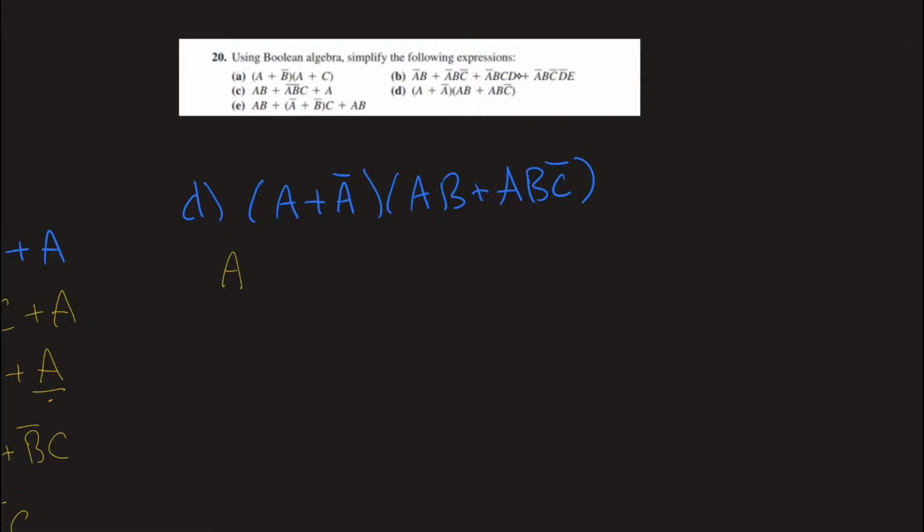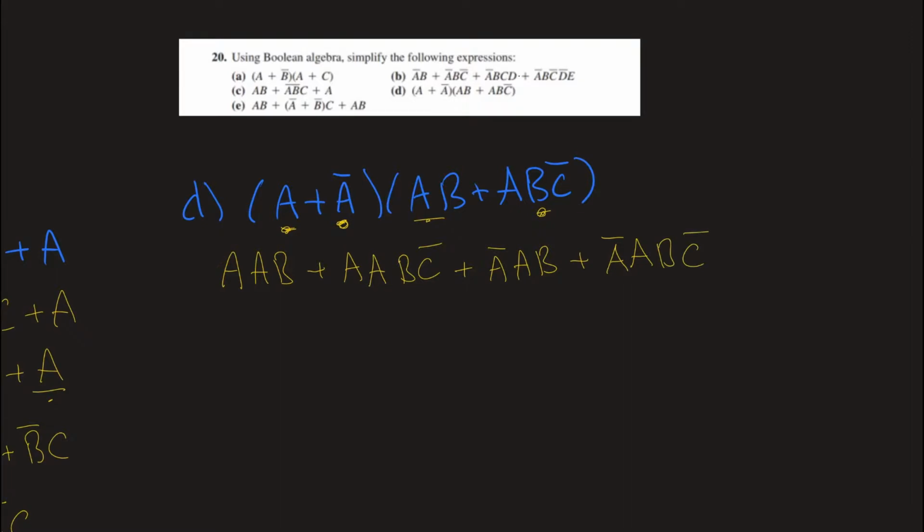And so that gives me A, B for this times this, or A, B, C naught for this times this, or for this times this, we have A naught, A, B, or for this times this, A naught, A, B, C naught.